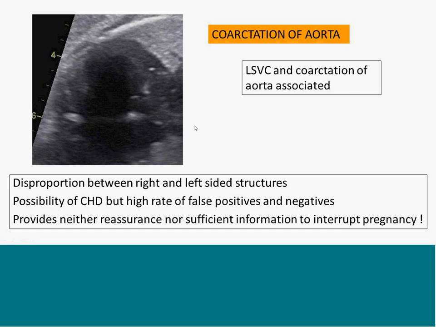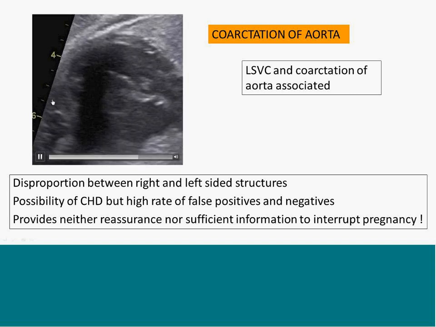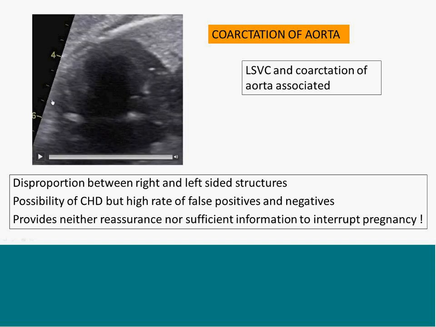In this situation, we have to understand that if we suspect based on this sign, there is a good chance that it will not be coarct at the end of the day. So the probability of CHD is there, but there are false positives and false negatives. False positives means you do not have coarct at the end of it, and false negative means your right heart is not dilated in the four-chamber view, and still you have a significant coarct.